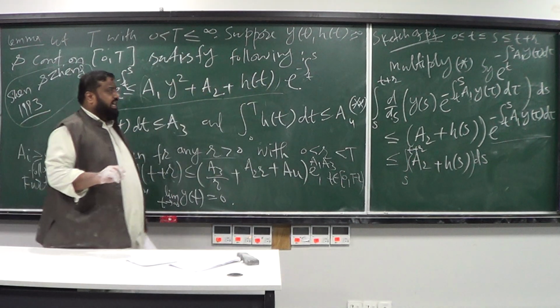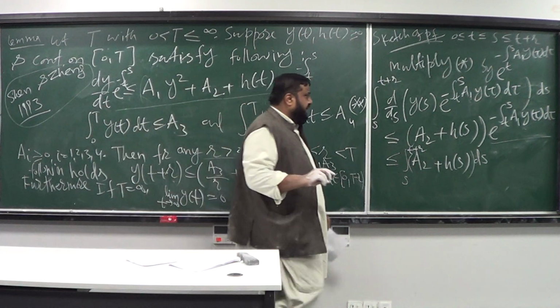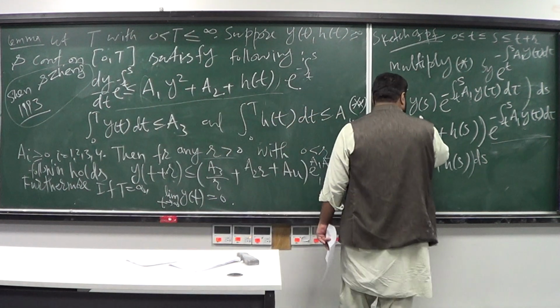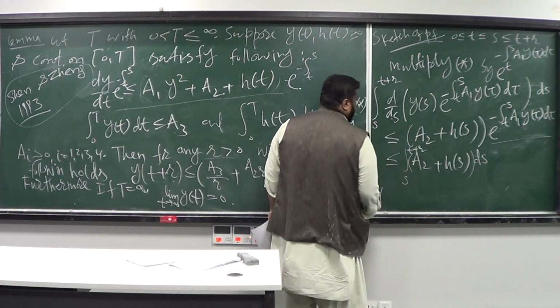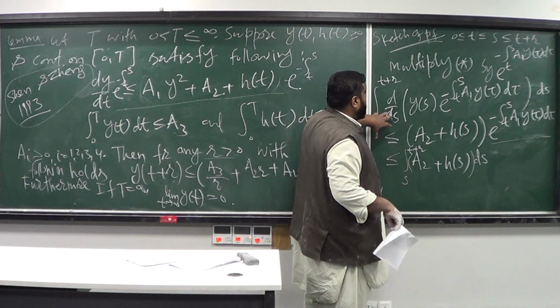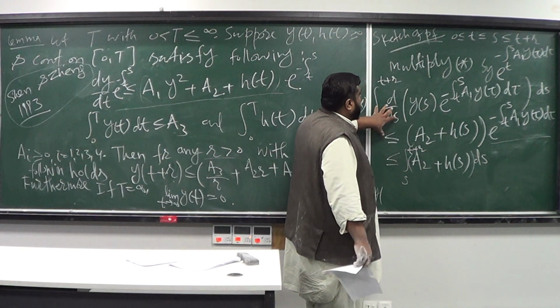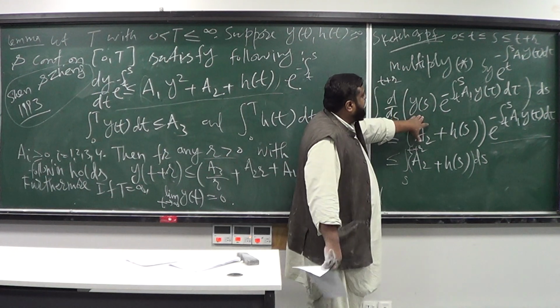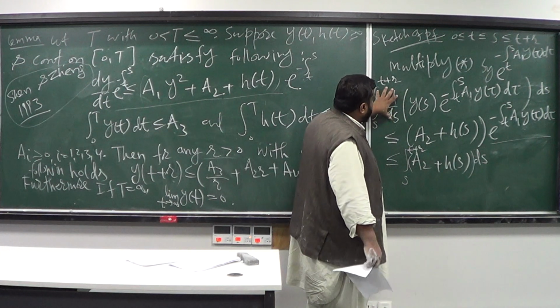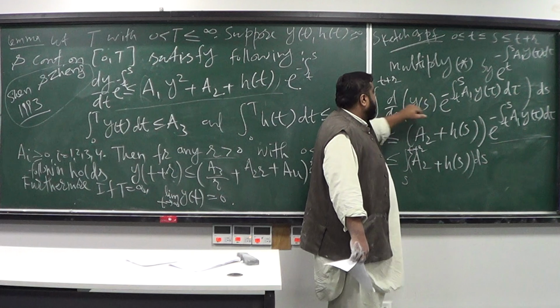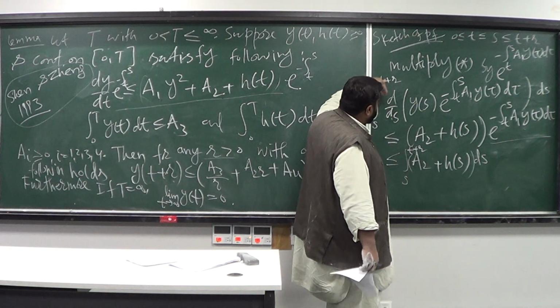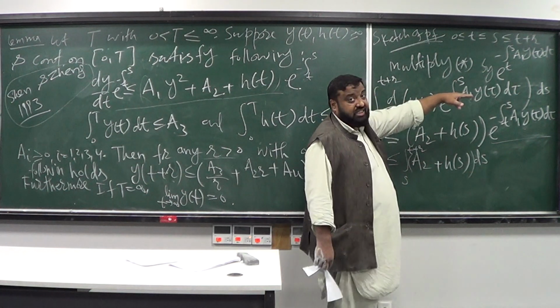So when you're going to integrate, what will happen? The first term is going to become y. Obviously the result of this integral is going to be the integrand, because this is the derivative, so you're integrating the derivative of s with respect to ds.